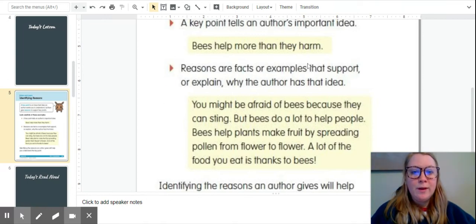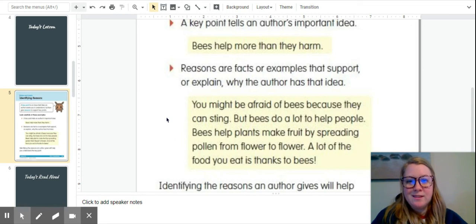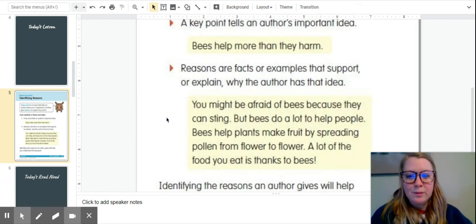We need to give our key point, our opinion, and then we have to have reasons that support our opinion. That way, if we're trying to persuade someone into doing something or tell them why we think it, we need to have our supporting reasons. And if they don't support our reasons, then they're not going to agree with what we're saying.